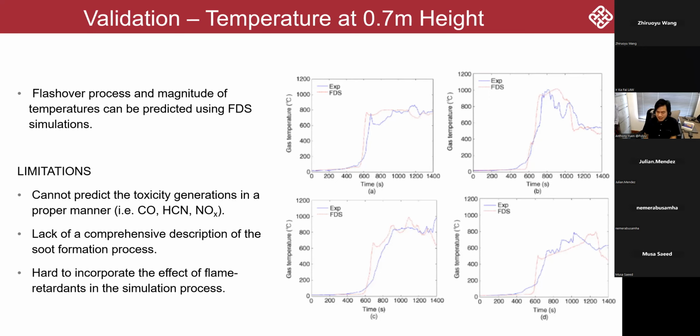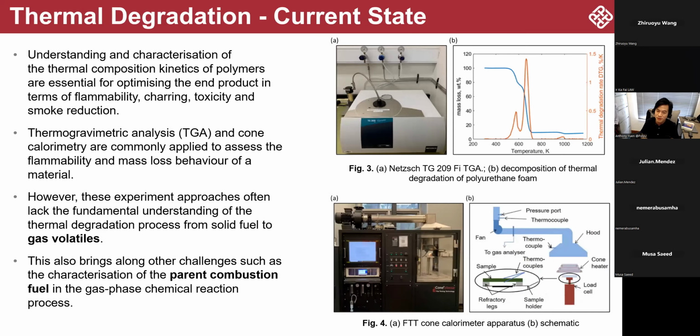It also lacks a detailed description of the soot formation process. Hence it cannot give us the variation of soot particle size, so it's also difficult for us to have a detailed description of the concentration of the smoke without knowing these details. And not to mention, it cannot take into consideration the flame retardants within the simulation process.